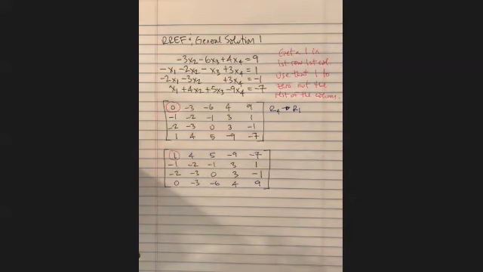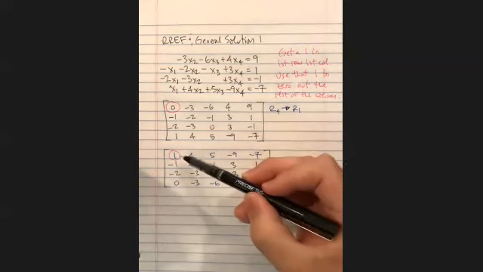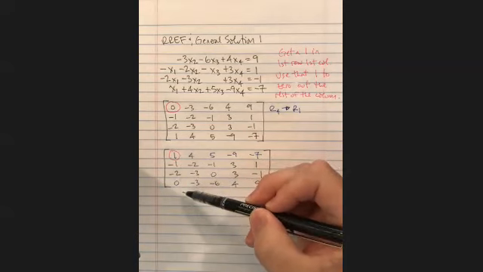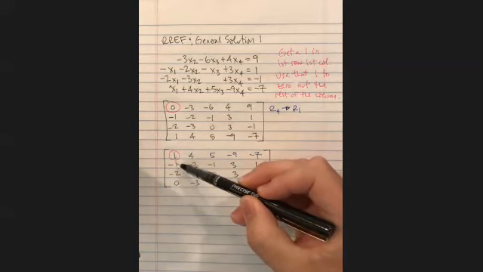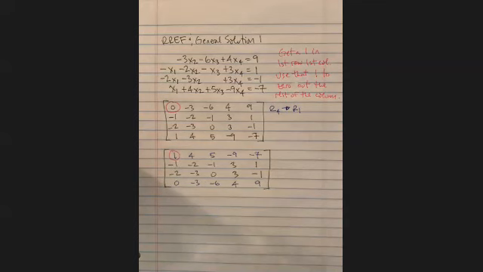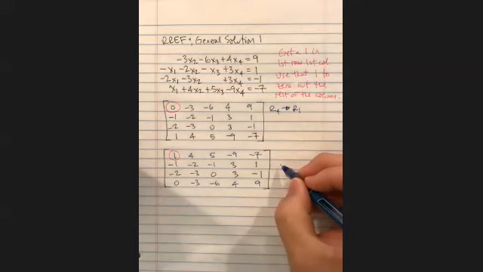So now I'm going to use this 1 in the first row, first column to zero out the rest of the column. So to cancel out this -1, I want to say row 1 plus row 2.